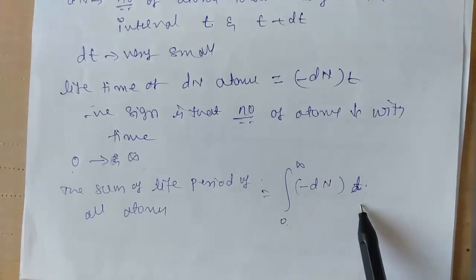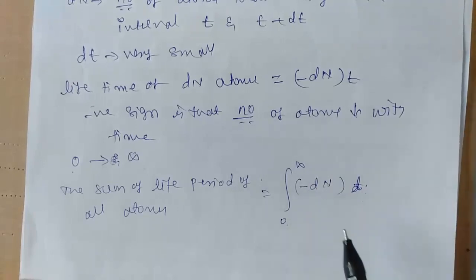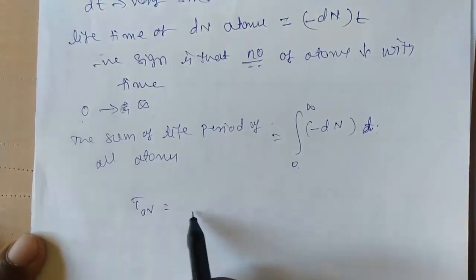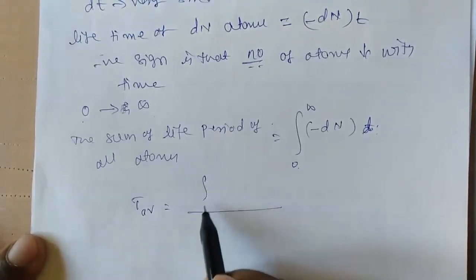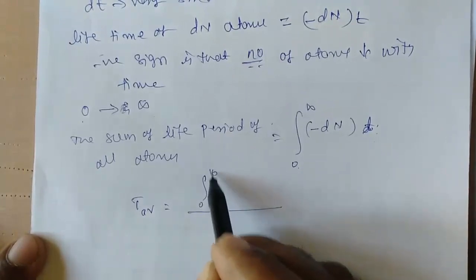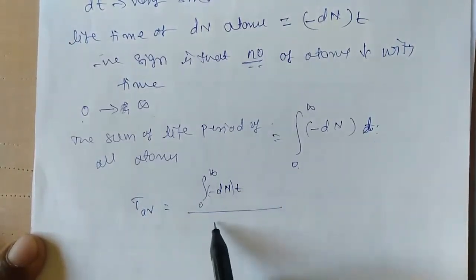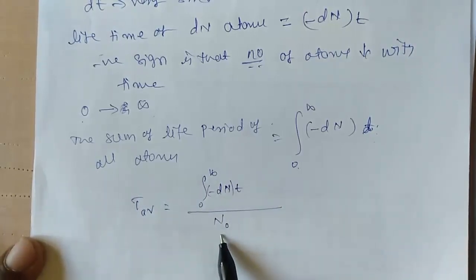Now, T average is defined as the ratio of the lifetime of all the atoms divided by the total number of atoms. The total number of atoms initially, at time t equal to 0, was taken as N naught.